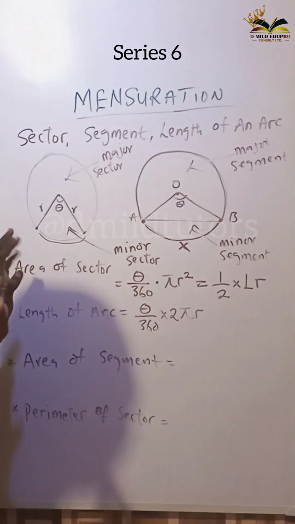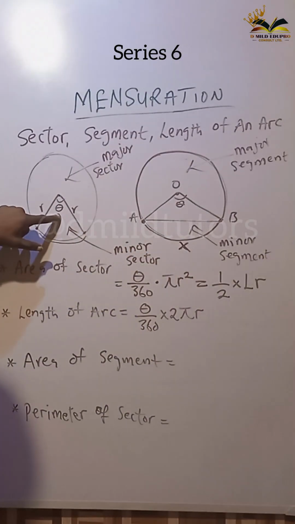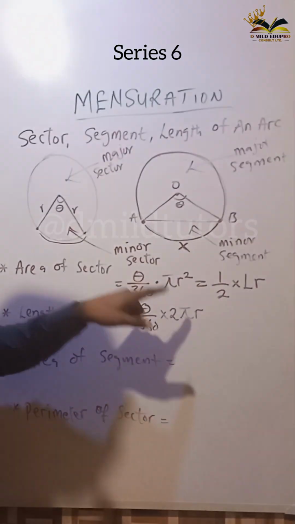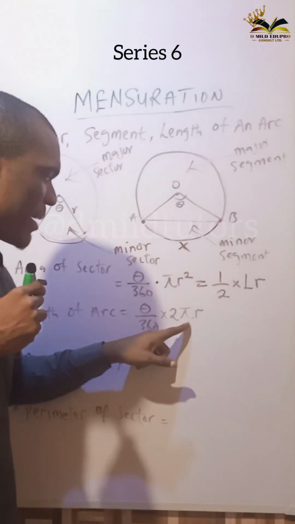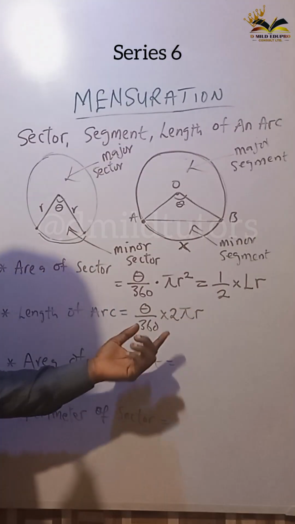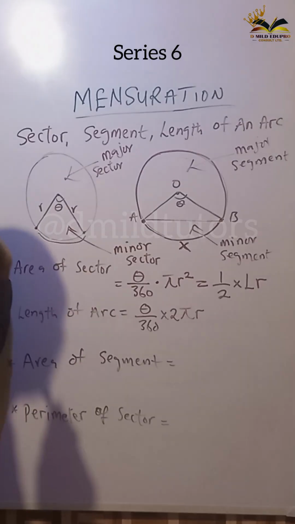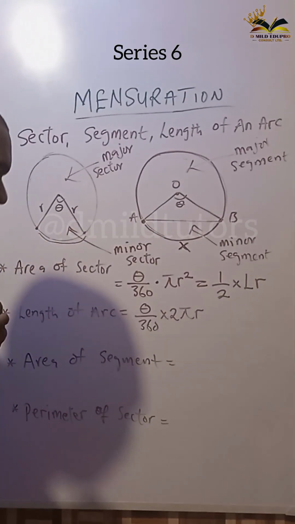Once you have this, you are okay. You can calculate the area, you can calculate the length of an arc. So whatever angle you are given here, divided by 360, multiplied by 2, multiplied by pi, and multiplied by your radius, you get the length of an arc. Then once you've gotten that length of an arc, you can substitute it in here to get your area of a sector. Is that okay?